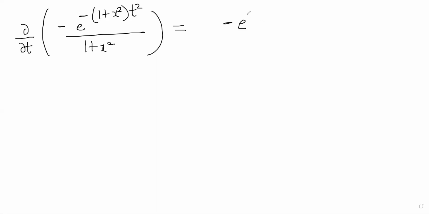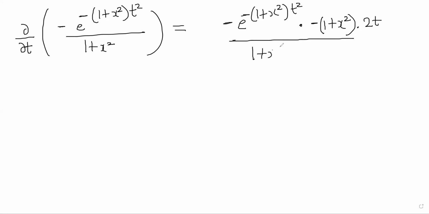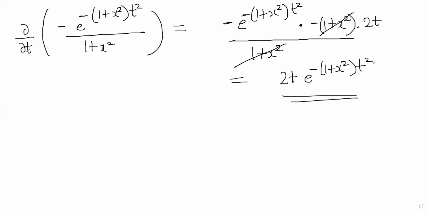Minus, I'll keep it as it is on top, e power minus 1 plus x square t square, and then multiply by the derivative of the top part, but I'm doing derivative with respect to t, so I should get minus 1 plus x square, and then I will get a 2t, right? And then there is a divided by 1 plus x square, which acts as a constant. So this gets cancelled here, and minus minus becomes plus. So this becomes 2t e power minus 1 plus x square t square, right? So you can notice that the partial derivative of this function is equal to this, and this was in my integral earlier, right?